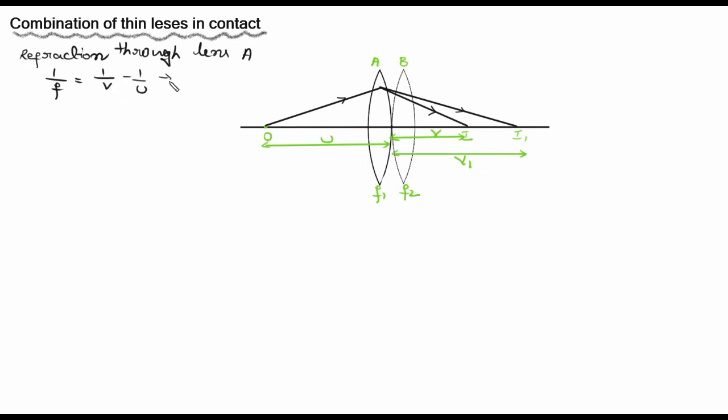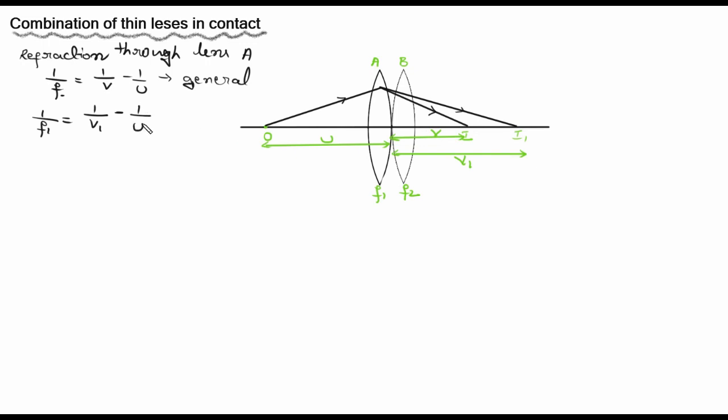This is a general equation which you must know for the lenses. Now let's apply this equation to lens A. Here the focal length is f1, so I'll write 1 by f1 is equal to 1 divided by v1, because the image is formed at I1 and its distance is v1, minus 1 divided by u. u is the same here.